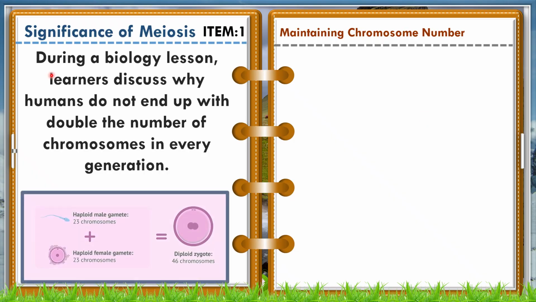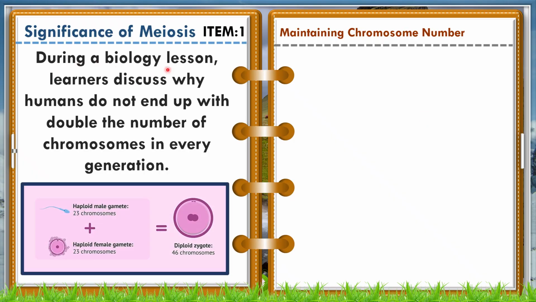Item 1. Significance of meiosis. We are going to look at maintaining chromosome number. During a biology lesson, learners discuss why humans do not end up with double the number of chromosomes in every generation.